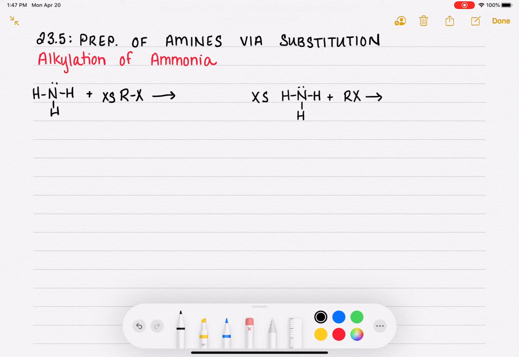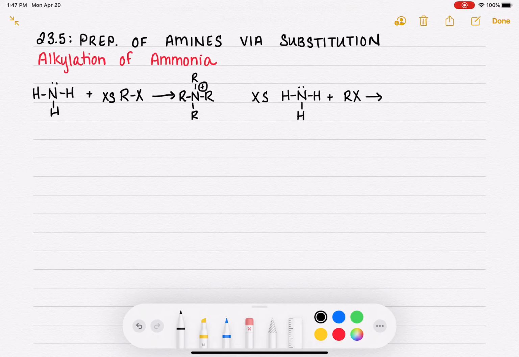If we run the reaction with excess alkyl halide, what we're doing there is guaranteeing that every single ammonia molecule is going to get totally alkylated. That means 4 R groups on it. Everything is going to react and put as many R groups as possible on the nitrogen, and that's what we will end up with as our product.